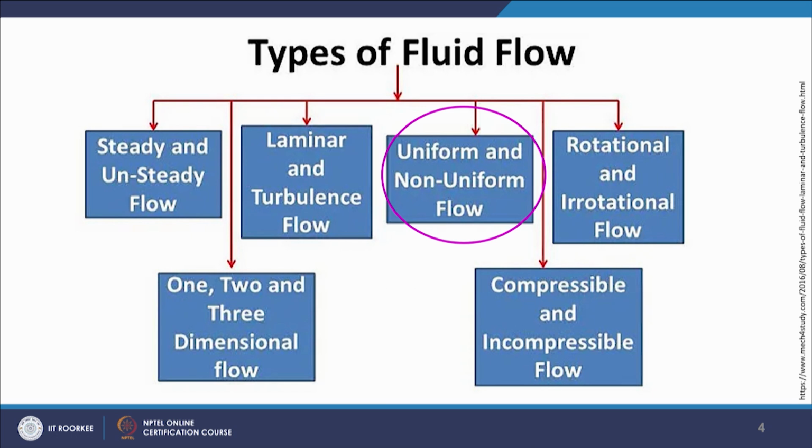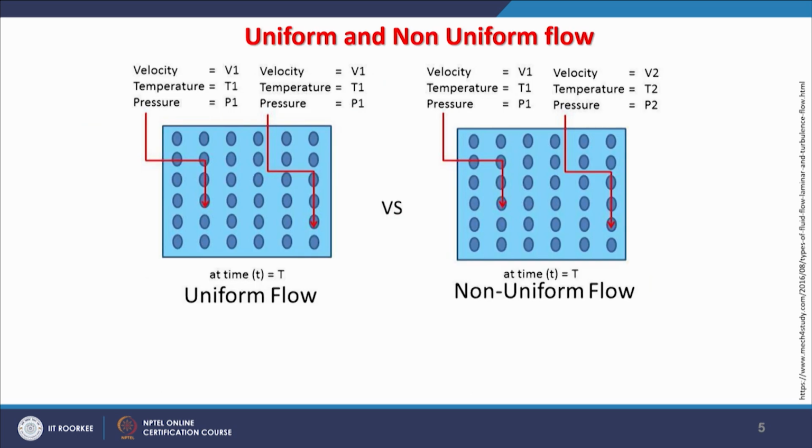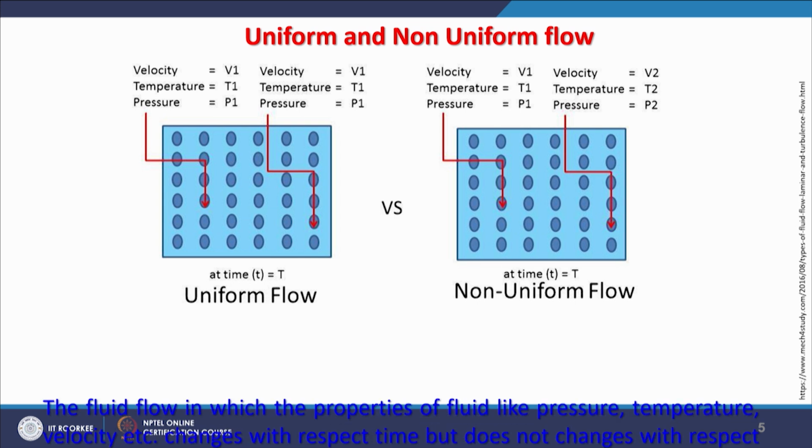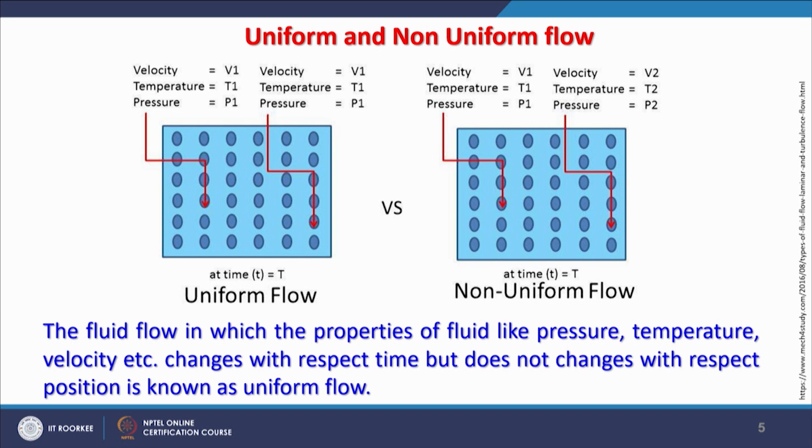Second, we are going to discuss uniform and non-uniform flow. A similar kind of diagram is here. The fluid, which in our case is water, in a flow in which properties like pressure, temperature, velocity etc., may change with respect to time, however, these properties will not change with respect to position, is known as uniform flow.